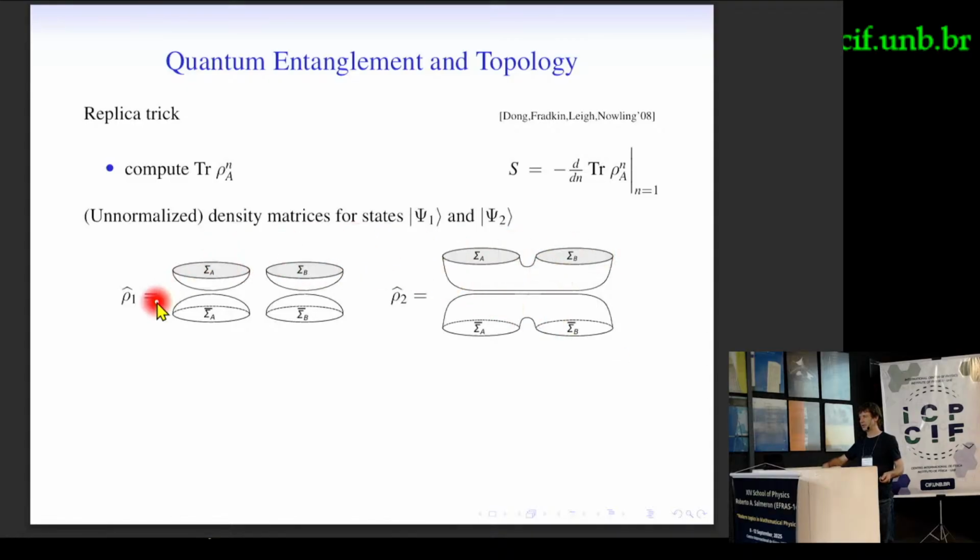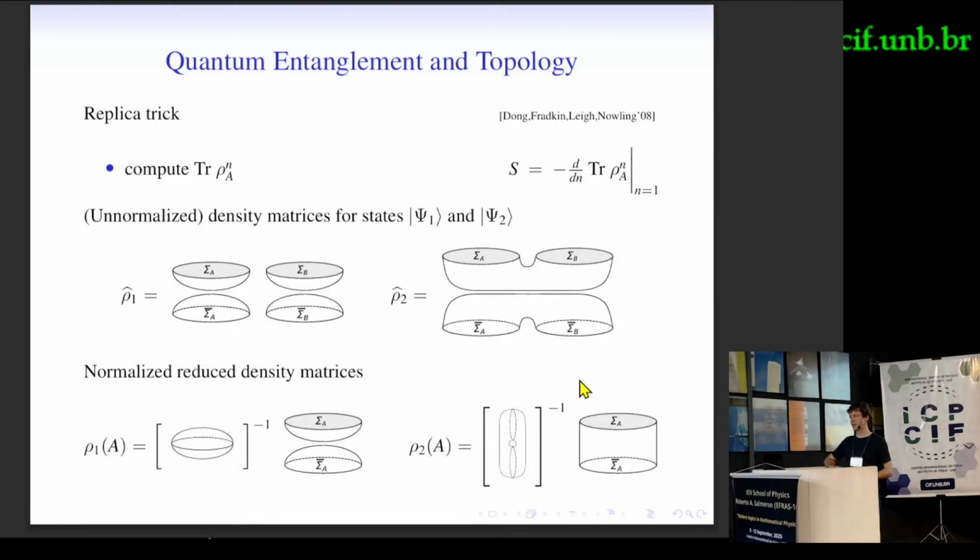The density matrices are just the duplication of the state, and I write one upside down just to show that I also apply Hermitian conjugation on the state. Then I want to compute partial density matrices. For that I need to do a partial trace. So what does computing a partial trace mean in this case?